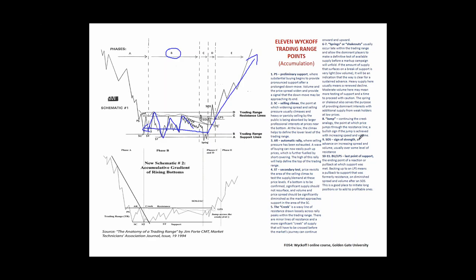Phase C, as I've mentioned, is the last test of the previous low. So it's the last test of the supply. Is there still supply left? And if there is some, institutions would love to get in at this low price before the trend and scoop up everything that is left of the supply.